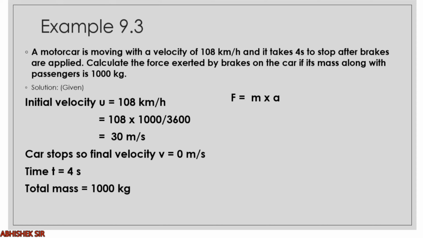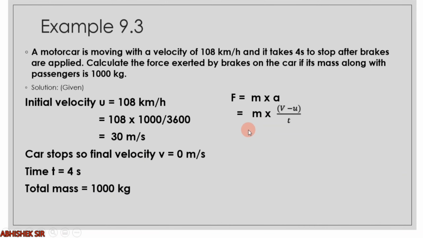So again we will use the following formula, that is v minus u by t. What I did over here, you can see, I have just replaced the formula of acceleration with v minus u by t. Why have I done this? Because there are two reasons. First of all, acceleration is not given. Second, what is given is u, v and t.